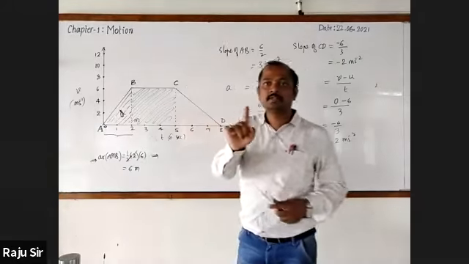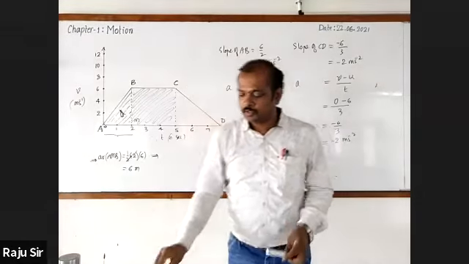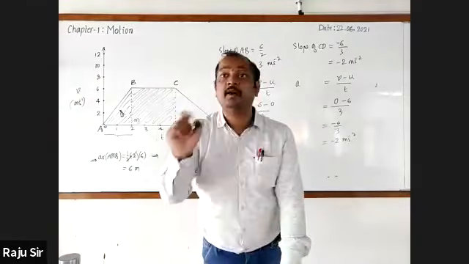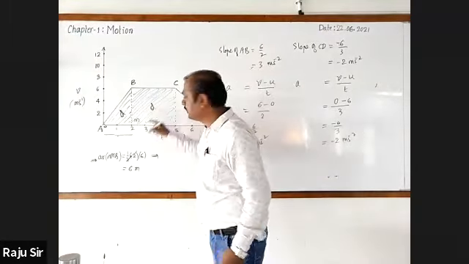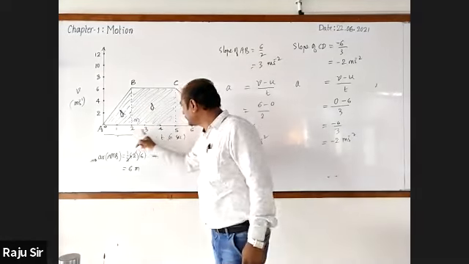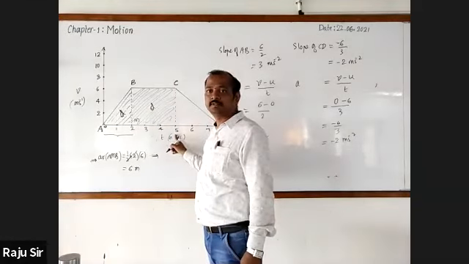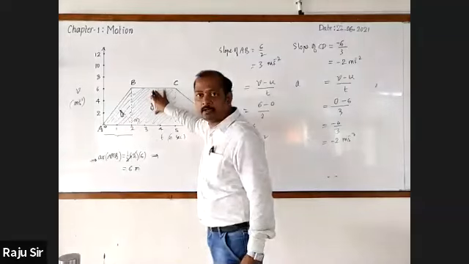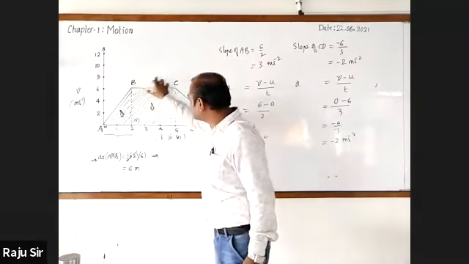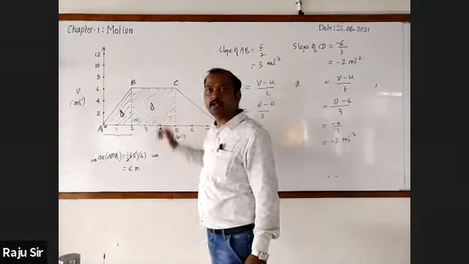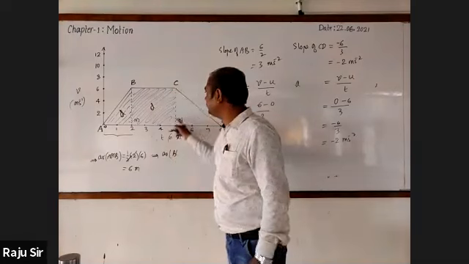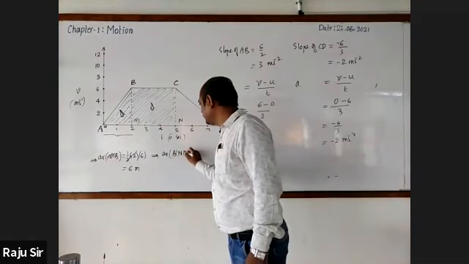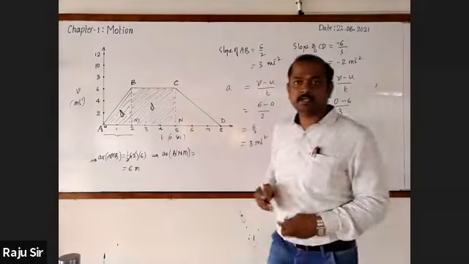The distance covered by the body from 2 seconds to 5 seconds is the area under BC. This area of rectangle should be taken. I call it N. So area of BCNM, it is a rectangle.